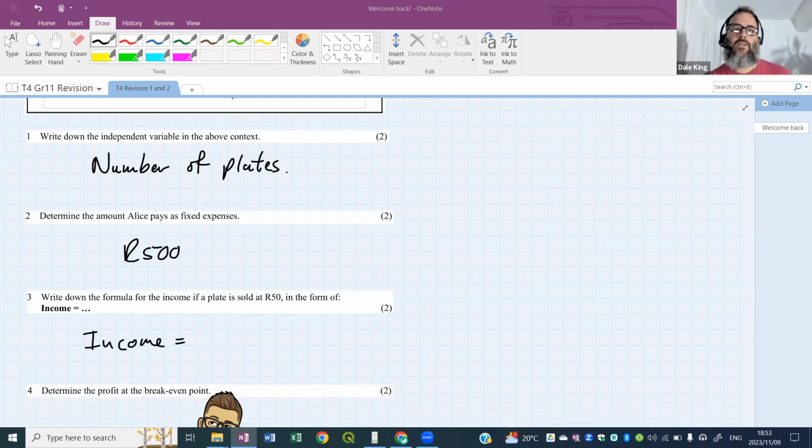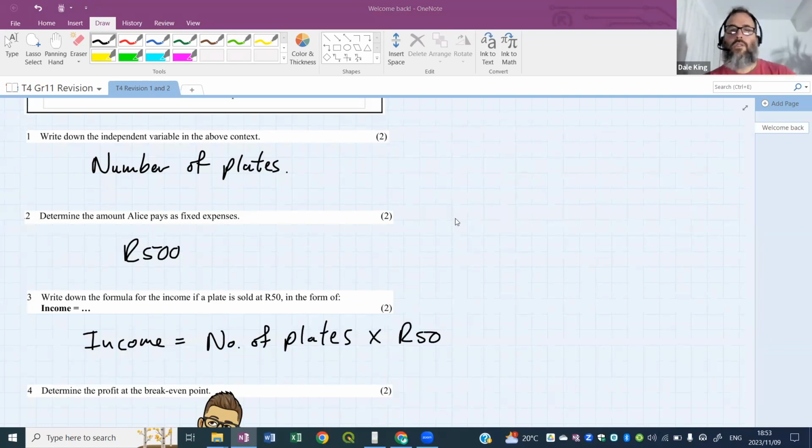Very good, Emmanuel. So income equals the number of plates times 50 Rand. Now, Emmanuel's used the words number of plates. I'm sure some of you were thinking of something else.